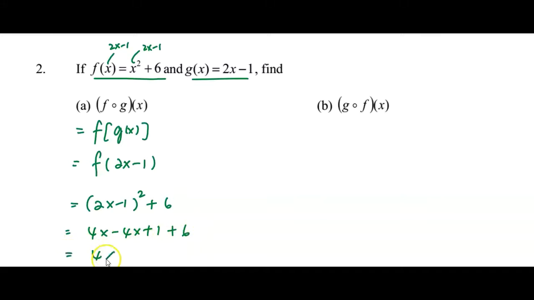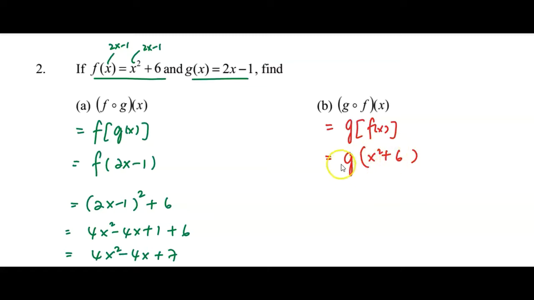You get 4x squared minus 4x plus 7. Here will be the square, 4x squared minus 4x plus 7. To get g(f(x)), I will write my g(f(x)) into this form, and f(x) will be substituted as x squared plus 6.